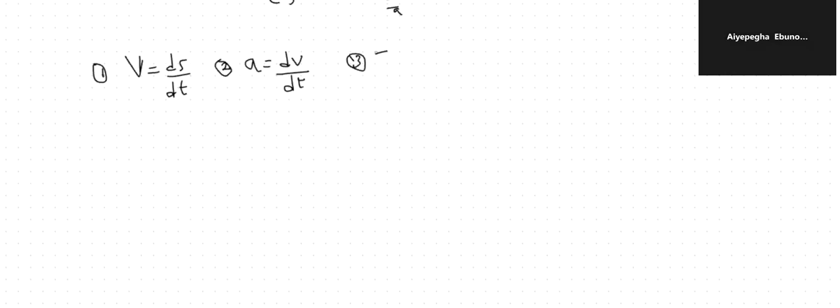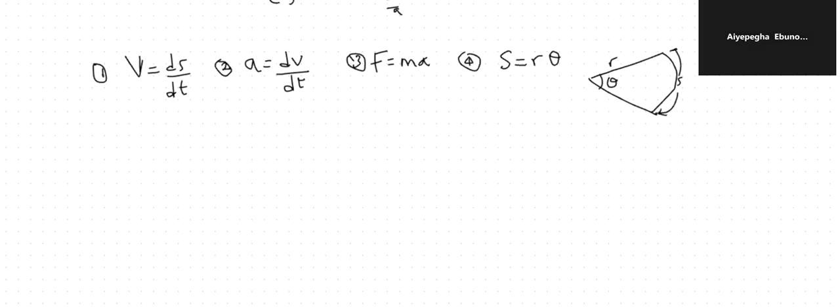And this one, s equals r theta. This is our theta, this is our radius, and this is our s, the length of the arc. I believe these are the four formulas you should be able to recollect at any point in time. If you know these four formulas, you can easily use them to recollect all other formulas you need.